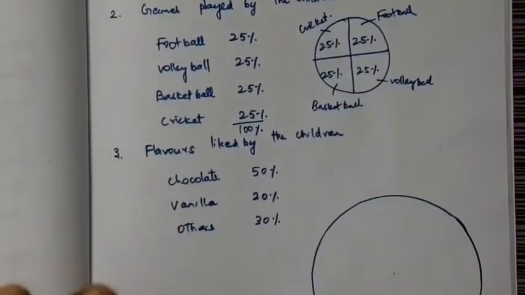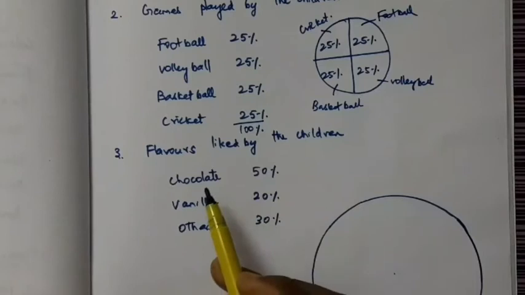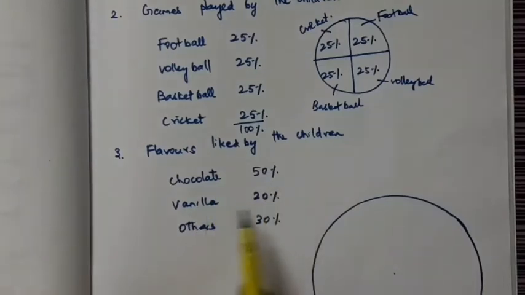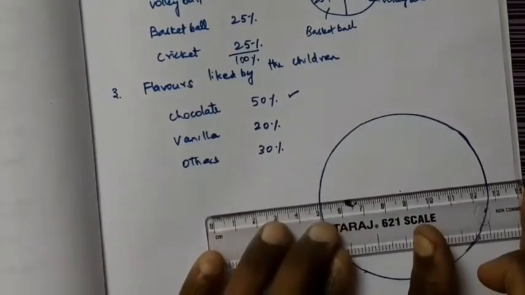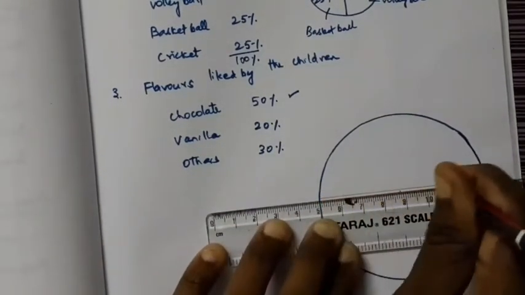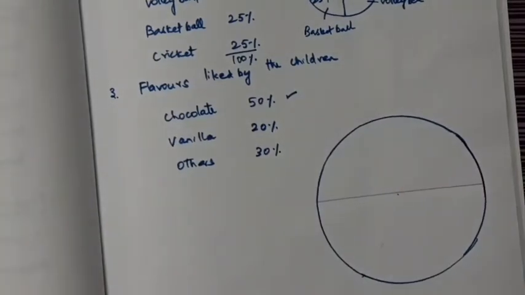But in case you have some numbers like this: flavors liked by the children, chocolate 50%, vanilla 20%, and others 30%. This 50% is easy to draw. If you draw a circle like this, 50% is just half of that circle. So if I draw some center like this, this upper half is 50%.